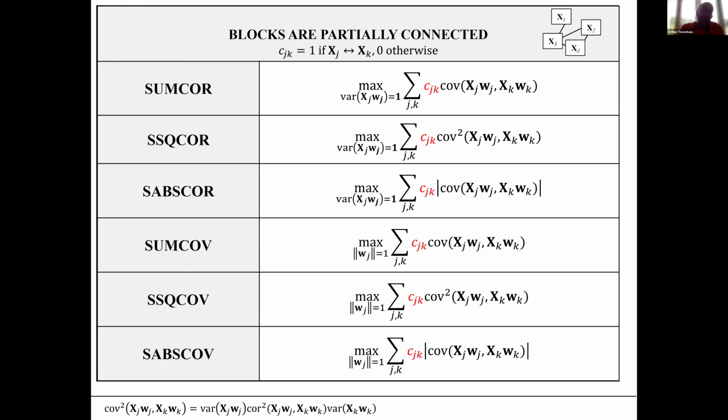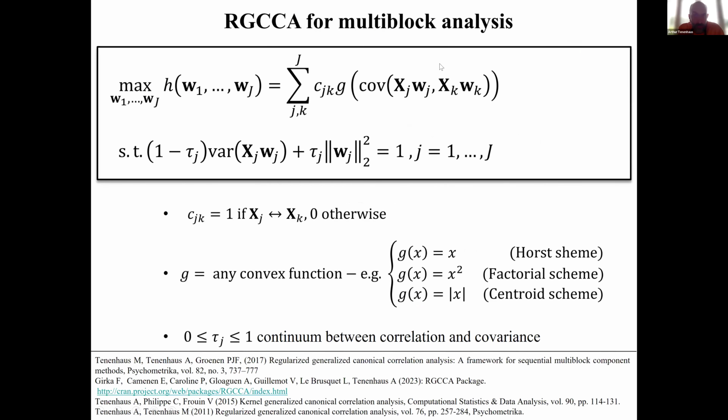If you take the variance of the component, you recover the generalized correlation criterion. And if you force the norm of the weight vector to be equal to 1, you have the covariance-based criterion. And from this you can define a single objective function, and this is what RGCCA is. It gathers all these methods into one single objective function.